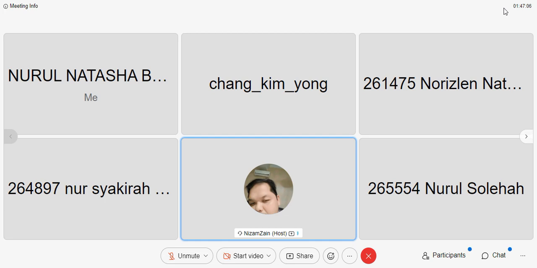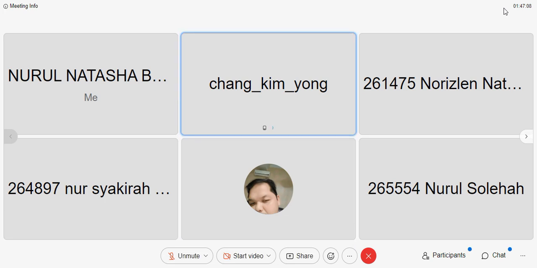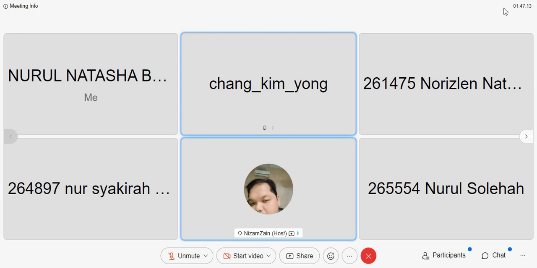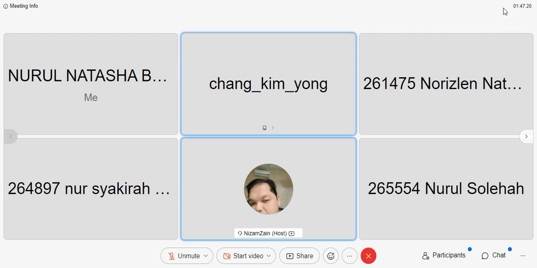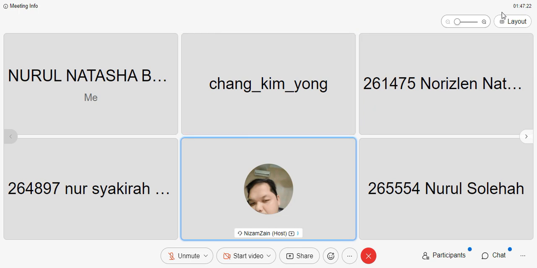So the duration for one quiz is 15 minutes or 10 minutes? It depends on the level, but the first one, I think 10 minutes. Considering the time you read and answer is around 10 to 15 seconds per question, so around 10 minutes or around that. I cannot give you long time because it is an online quiz, right?